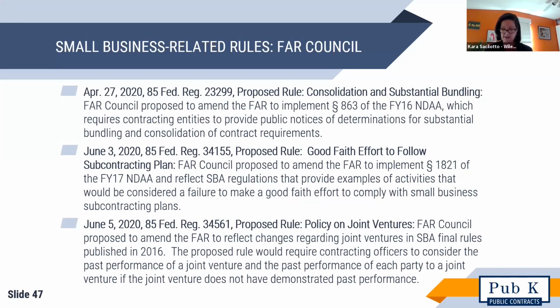It would require contracting officers, consistent with a part of the NDAA that Mike mentioned, to consider the past performance of the JV and each member of the JV if the JV itself does not have its own history of past performance. In response to a GAO protest, another proposed change is to clarify that the JV agreement need only be approved by contract award and not proposal submission. The proposed rule is also intended to clarify provisions of the FAR to provide that JVs do not need to be certified by the SBA for participation in a procurement.